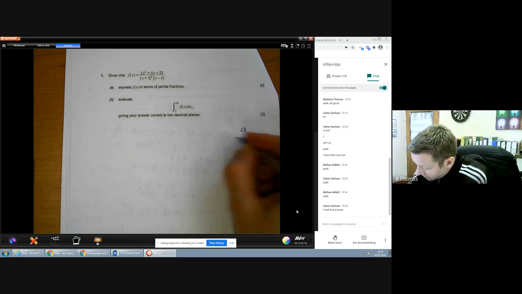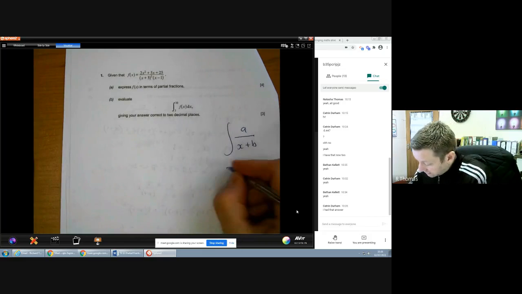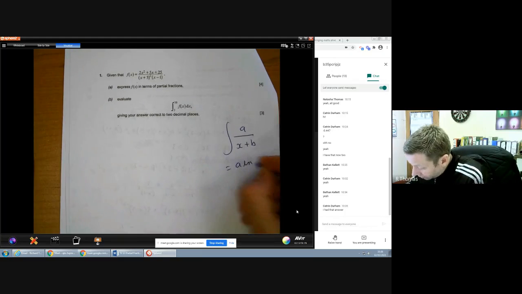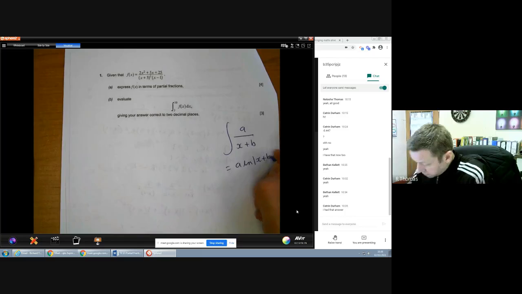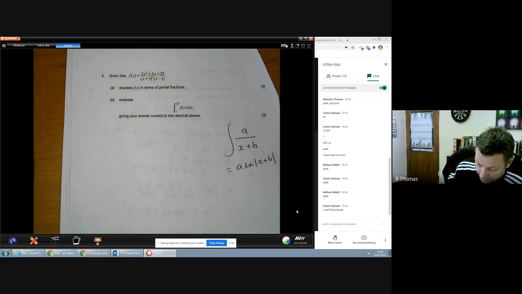And don't forget, a over x plus b, when you integrate that, it's a log of x plus b. All right, you're going to have to utilize that. So 4 minutes, off you go. Let's see where we are. And they want the answer to 2 decimal places this time.